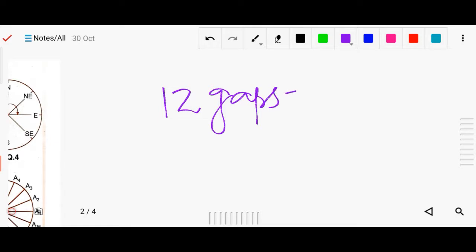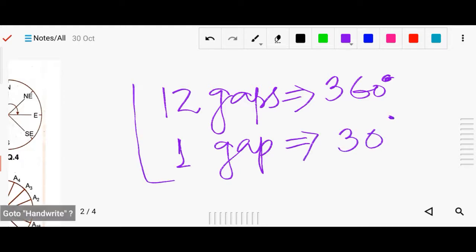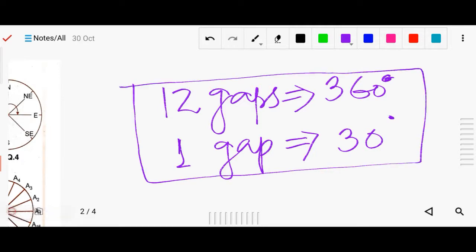So 12 gaps equals 360 degrees, because the 12 gaps divide the 360 degrees, and it means one gap will be 30 degrees, as we know. This is the first one. Please write it down in your copy and learn it.